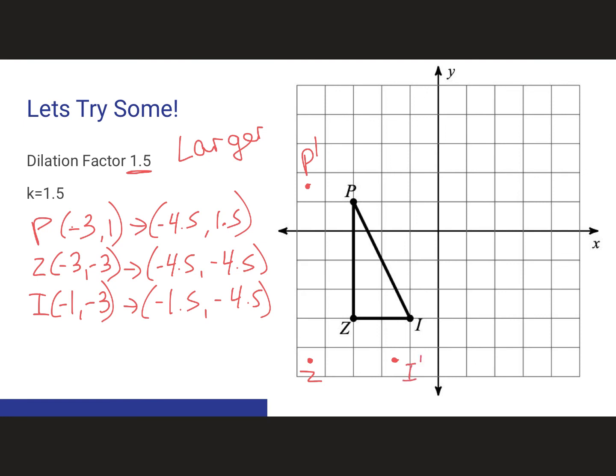And that's my I. Again, I just connect my points. And again, you can see the side here. This side was 2. Now it is 3. Multiply times 1.5. This side was 4. It's now 6. So everything's multiplying by that scale factor.